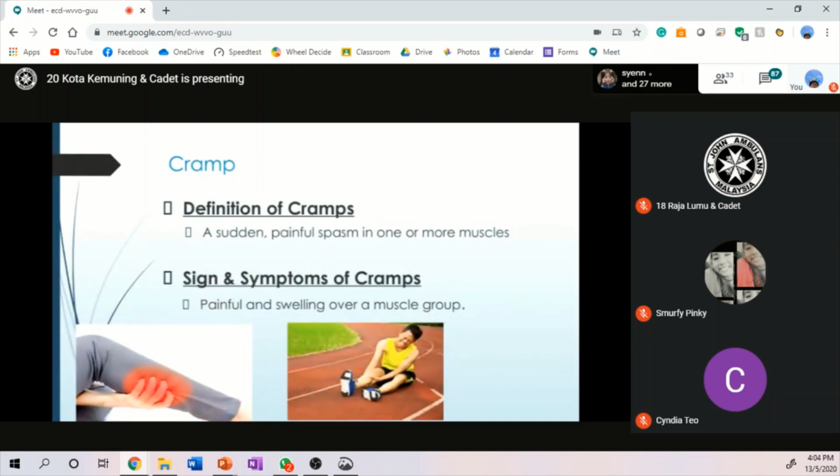Okay, cramp. I'm sure that every one of you has experienced this. Like after a marathon or in the middle of the night, suddenly your leg is very painful, like your muscle is tearing apart. The definition of cramps is sudden painful spasms in one or more muscles.